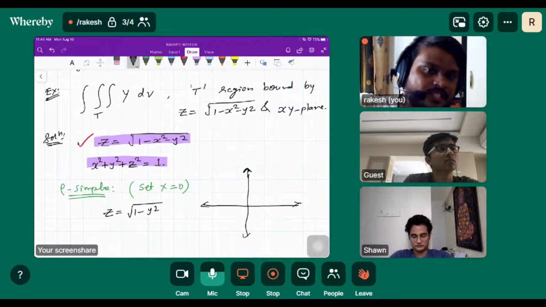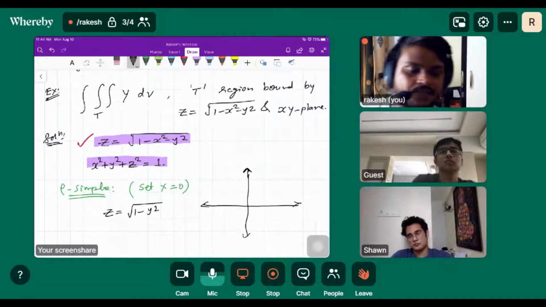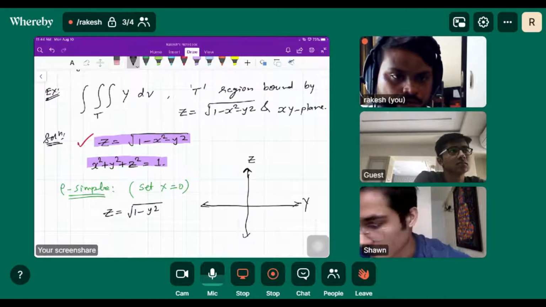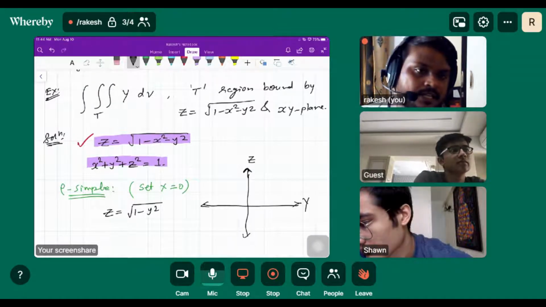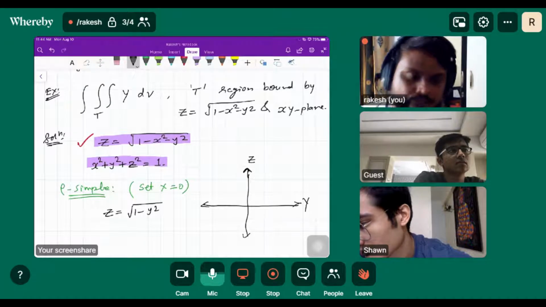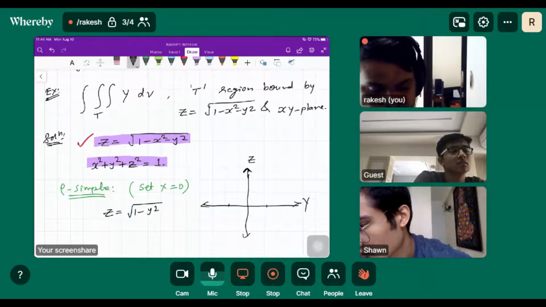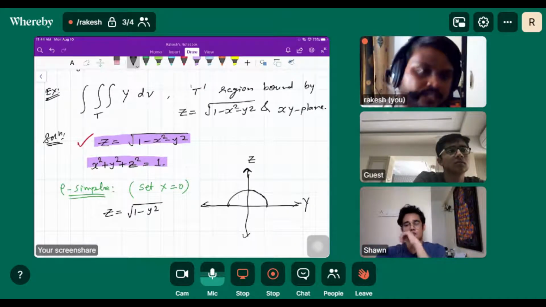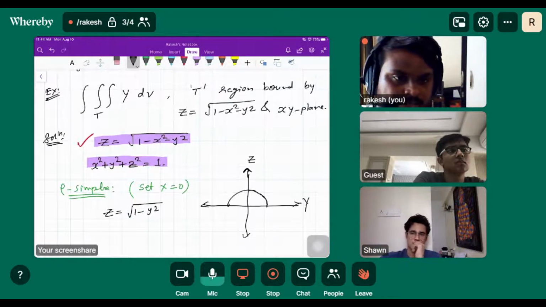Now the trace of this surface on yz plane is semicircle, right? With radius 1 and center at 0, 0. See, we are just taking the positive part of this semicircle, right? Because z is equal to plus root 1 minus y square. Make sense?